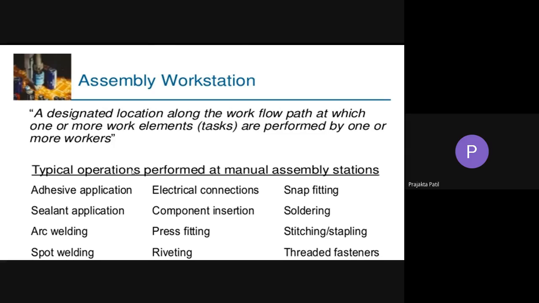The typical assembly operations performed at that manual station are listed here, which you can see on the slide. A given workstation also includes the tools which are required to perform the task assigned to the station. In order to accomplish all these tasks, these tools should be in place at those particular stations.